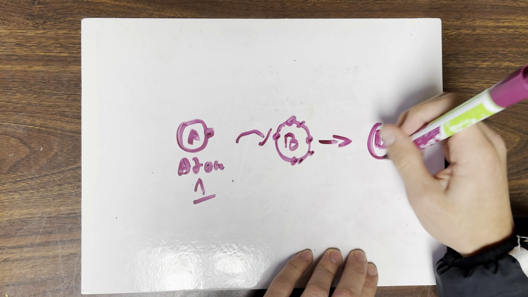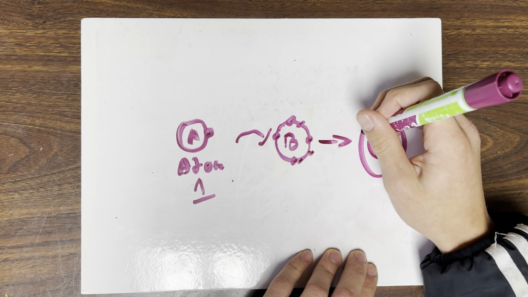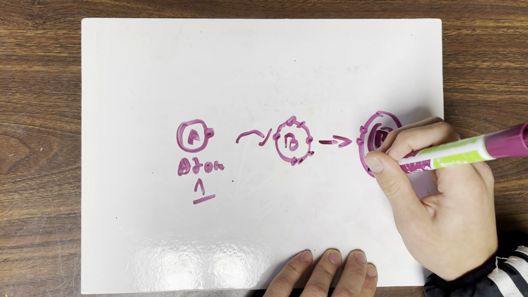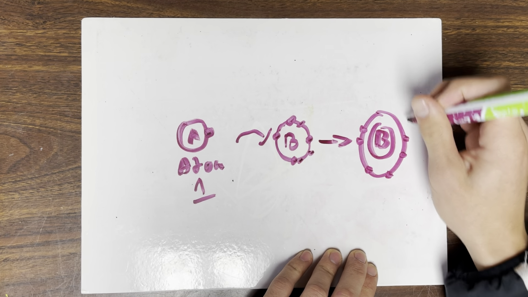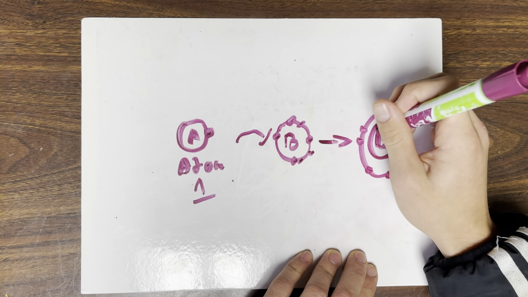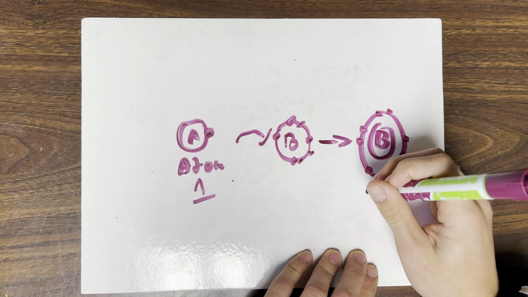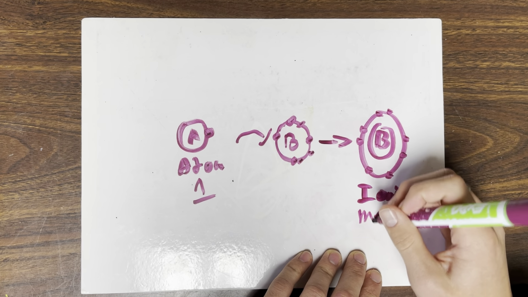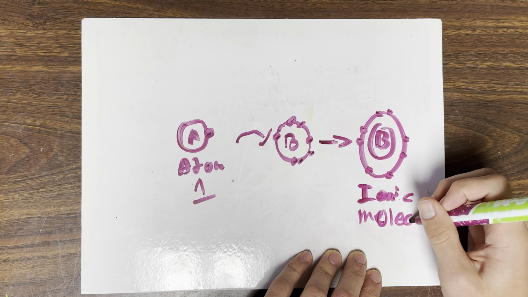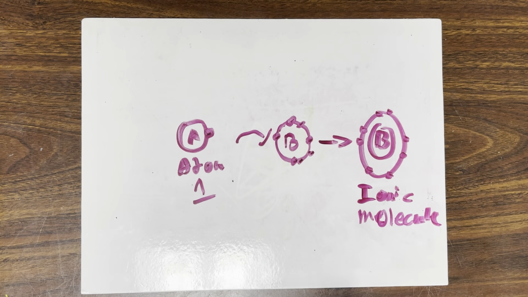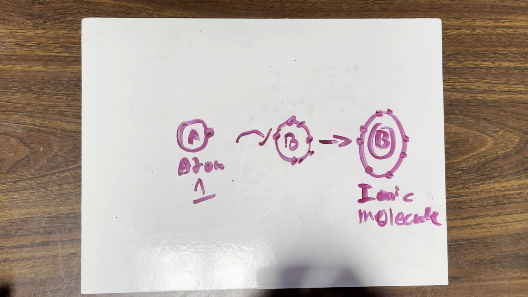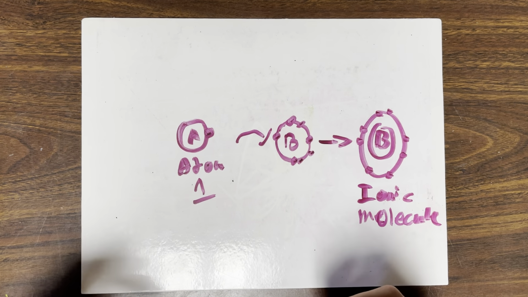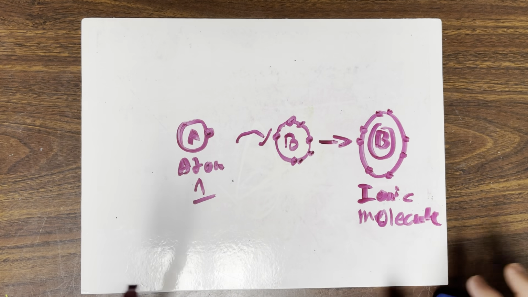And A gives its electron to B, which makes an ionic molecule. A good example of an ionic molecule would be salt.